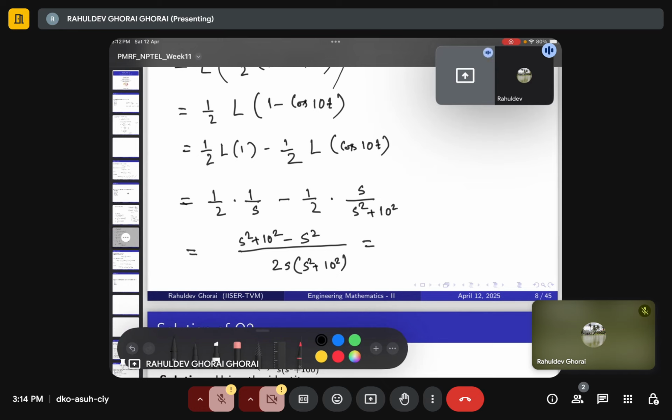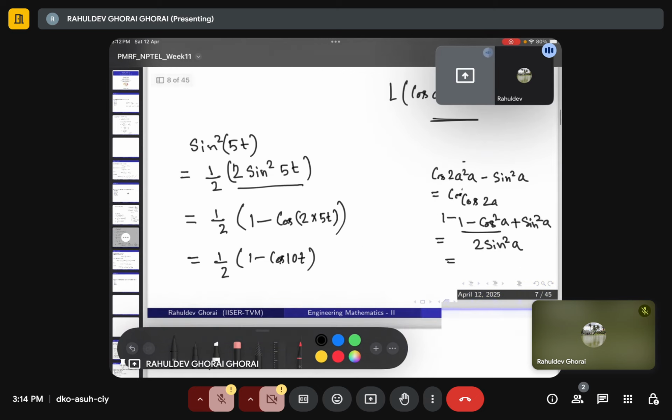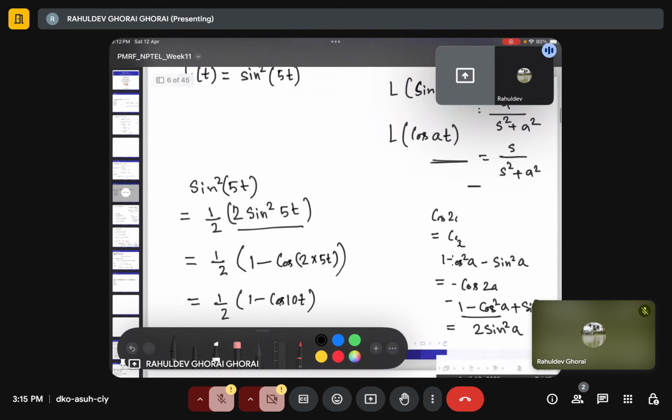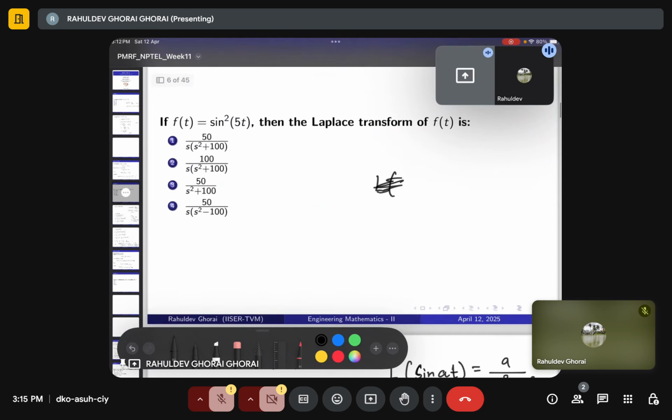That is equal to 100 over 2s times s square plus 100, that is equal to 50 over s times s square plus 100. So it's 50 by s times s square plus 100. The option 50 over s square plus 100 is not true, so only this one is correct.